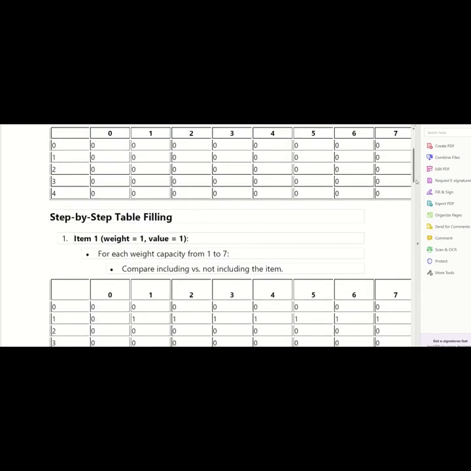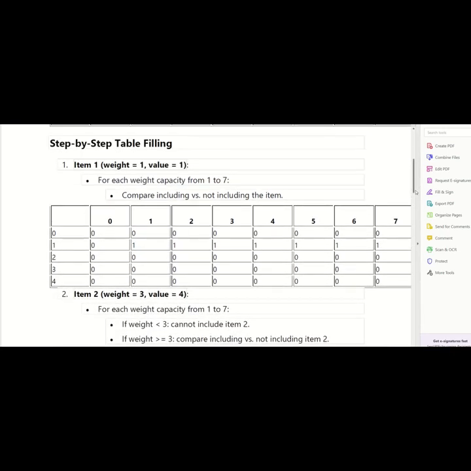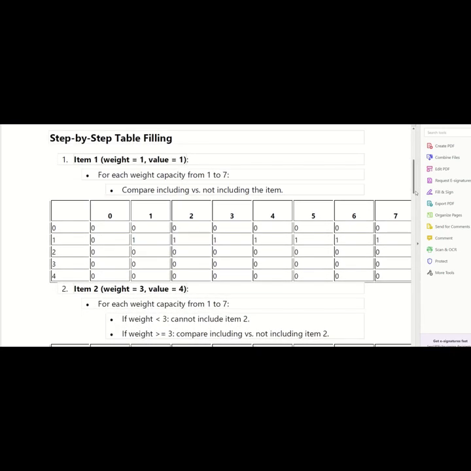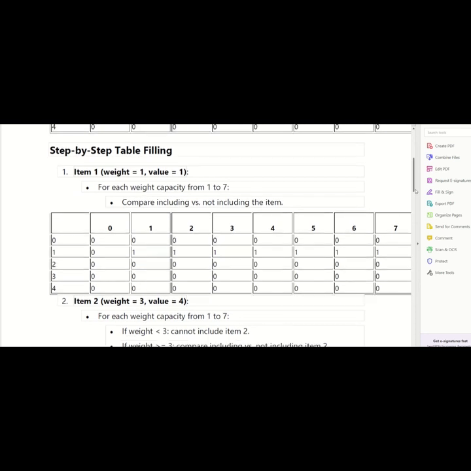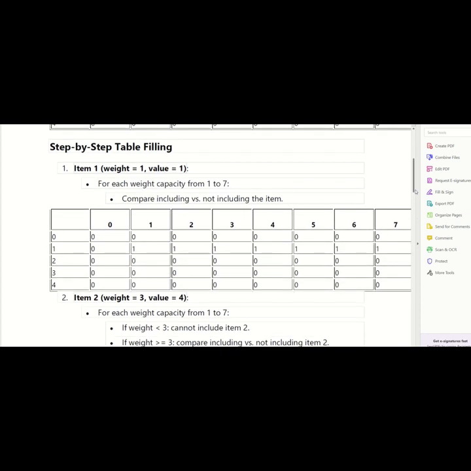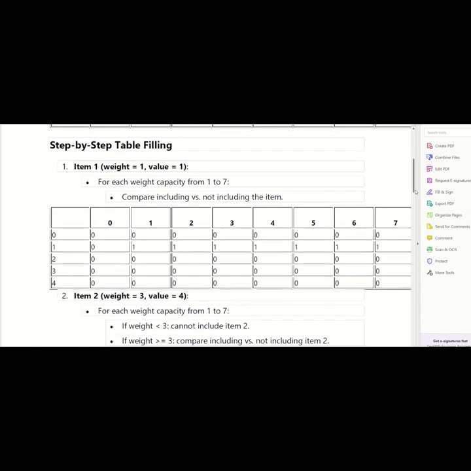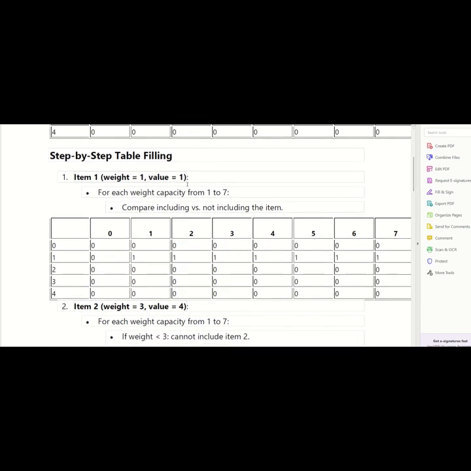Now how do we fill in one item in a basket? Item 1 has a weight equal to 1. For each weight capacity from 1 to 7, compare including it versus not including it. We just add 1 to all of them because 1 is the only value available and there's nothing else before it.